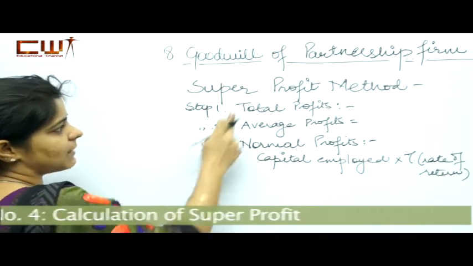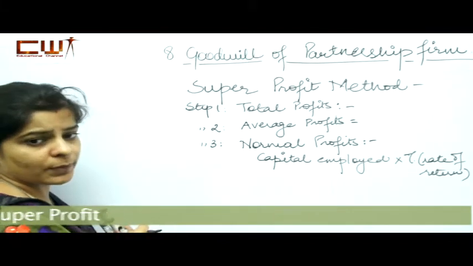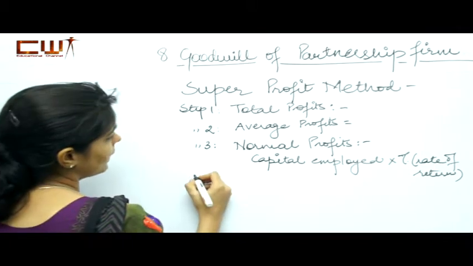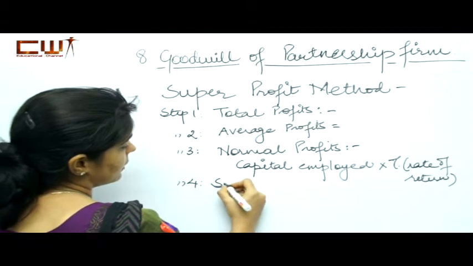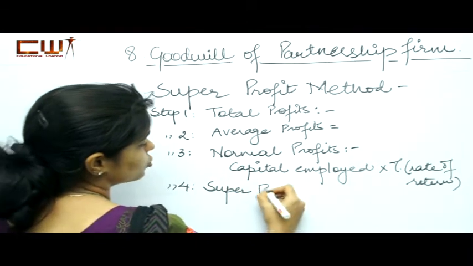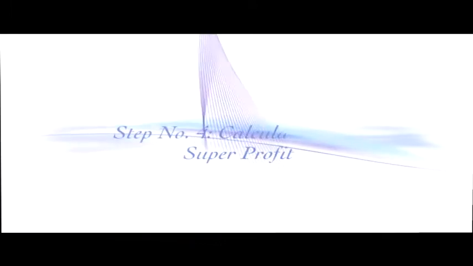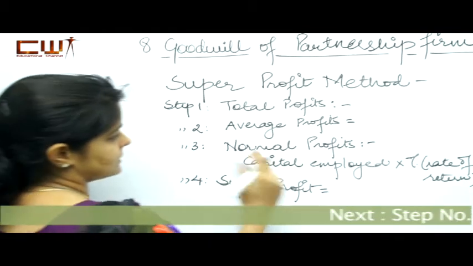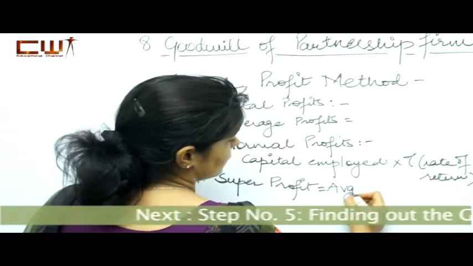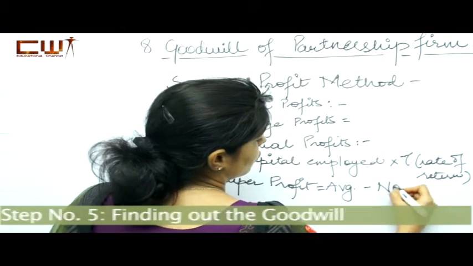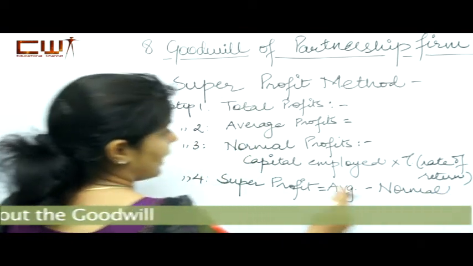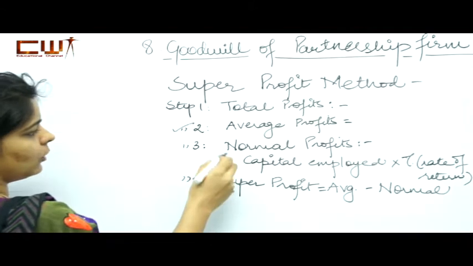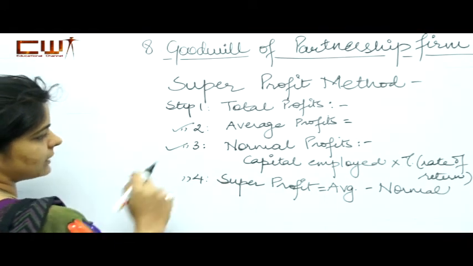So this is the third step in finding out the goodwill by the super profit method. Then the fourth step will be finding out the super profits. The formula is average profit minus normal profit. Average profit, that is step 2, minus normal profit, that is step 3.